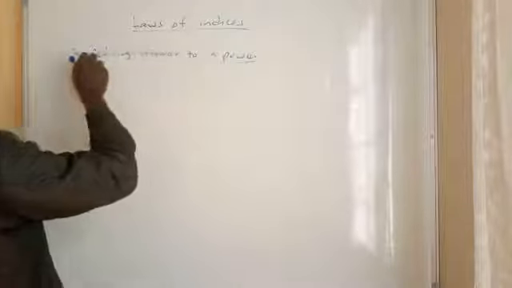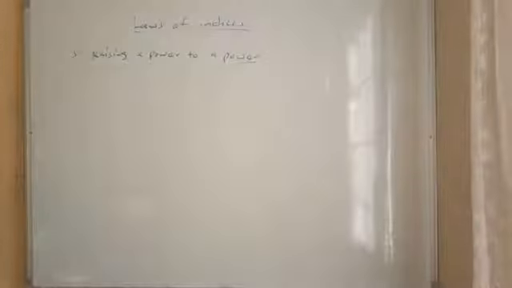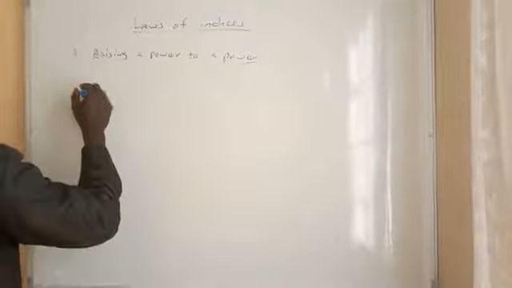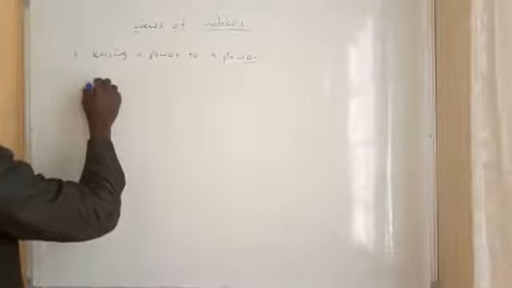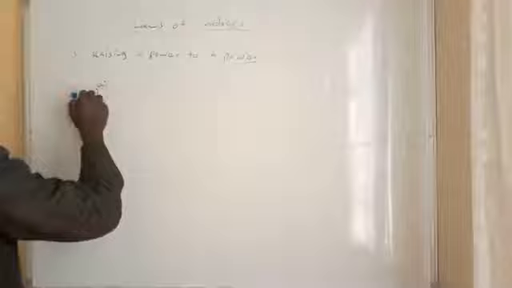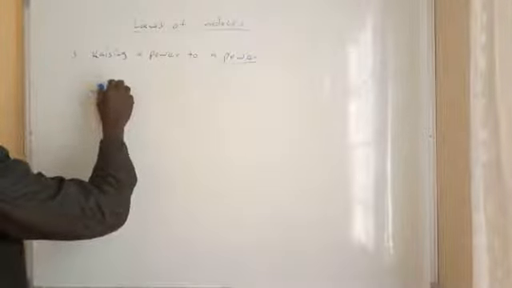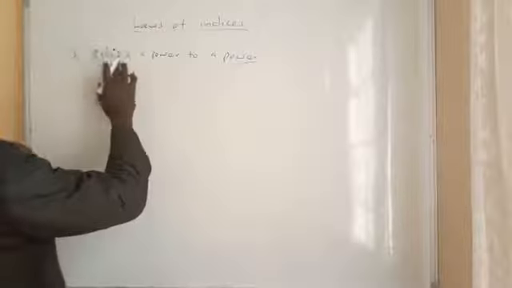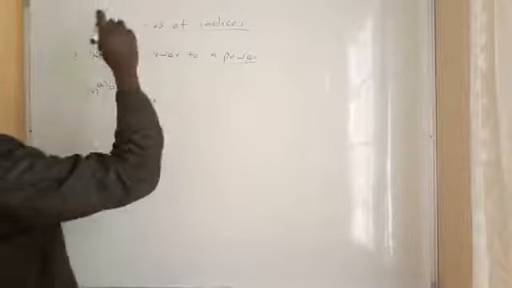That is the third law of indices. What do I mean? If I have m raised to power a, then I raise it again to power b. That is what you are saying. You raise a power to another power.